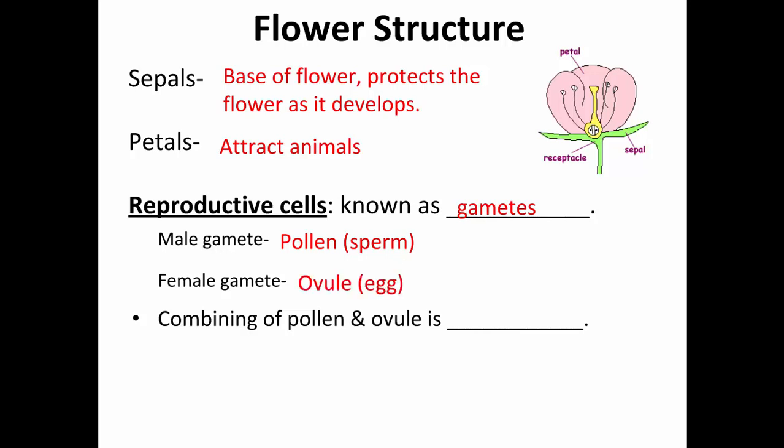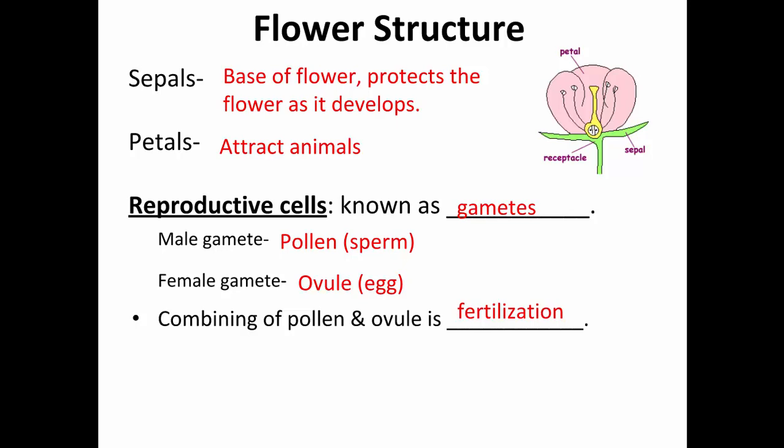There's also female reproductive gametes. Just like in animals, where females produce egg cells, in plants there are egg cells as well. They're held within the ovule of a plant. And so when a pollen grain lands on the reproductive structures in a female plant, then fertilization has taken place.